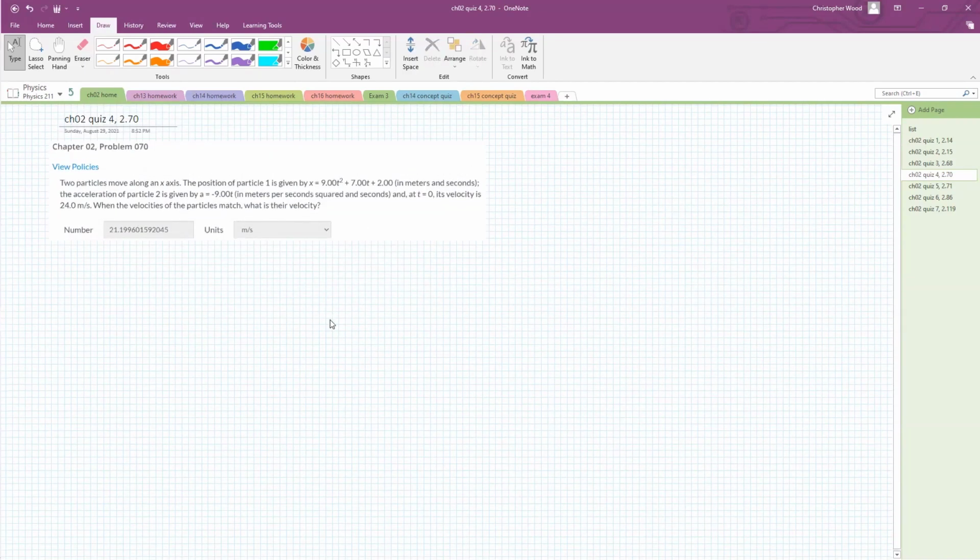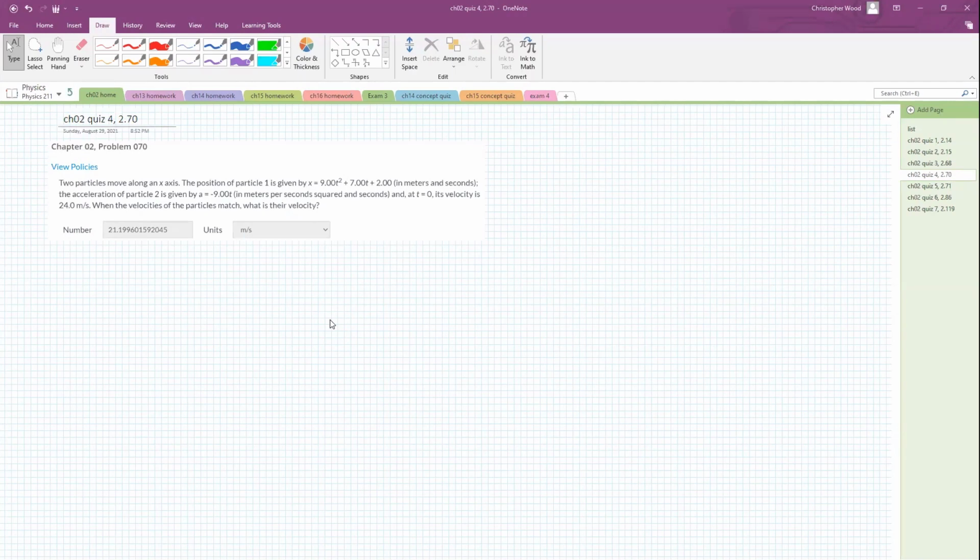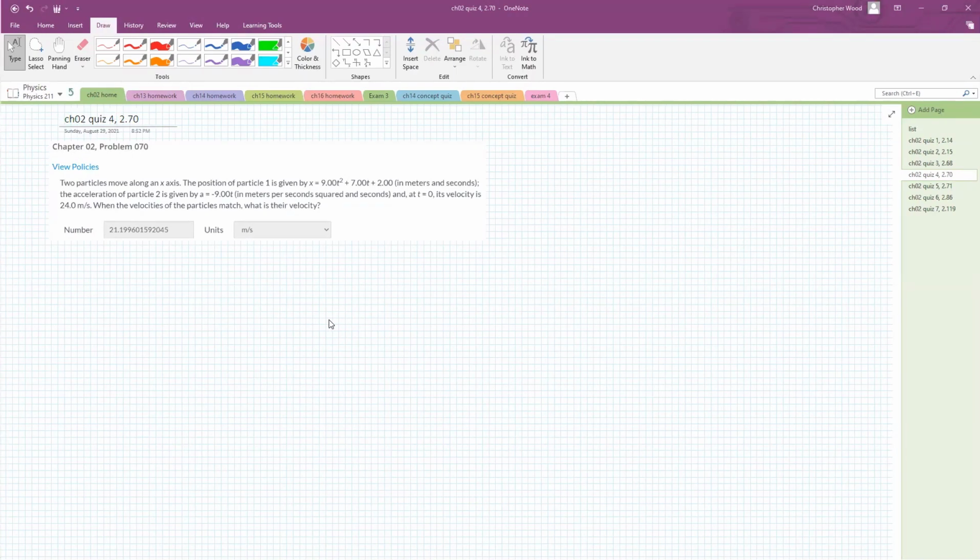All right, so give me a moment to get chapter 2 quiz 4 ready. Chapter 2 quiz 4 is problem 70. Problem 70 says two particles move along an x-axis.